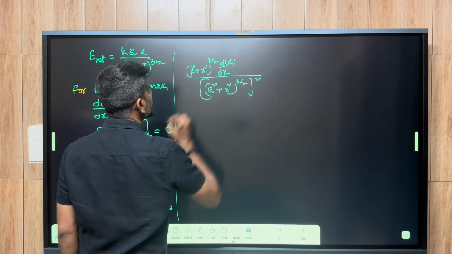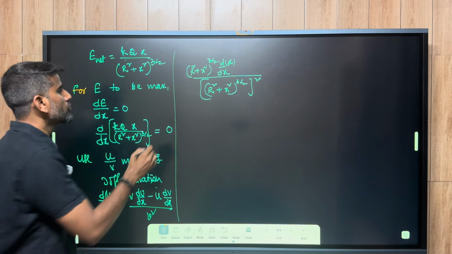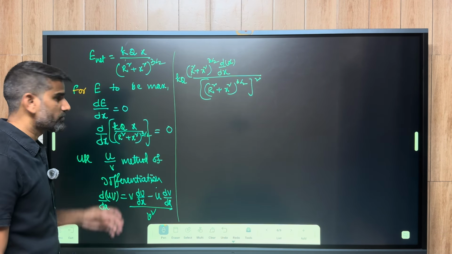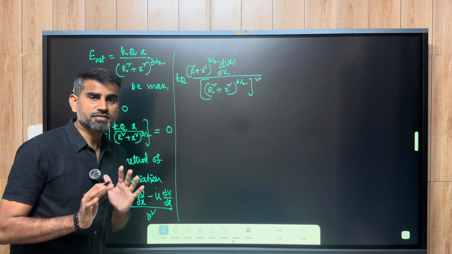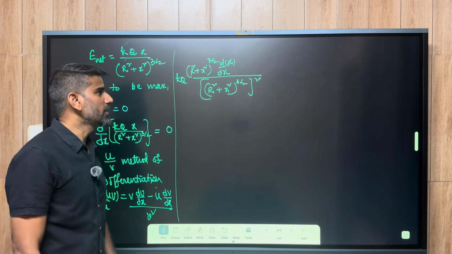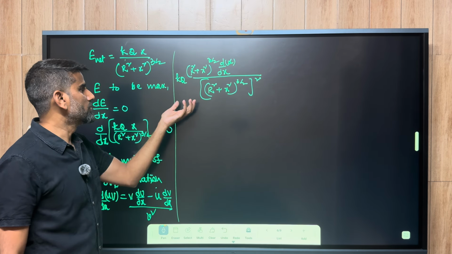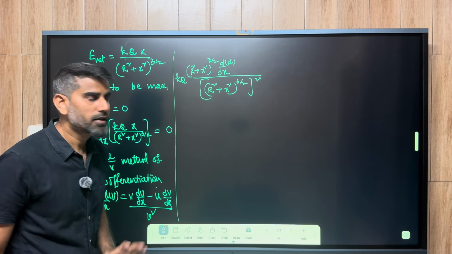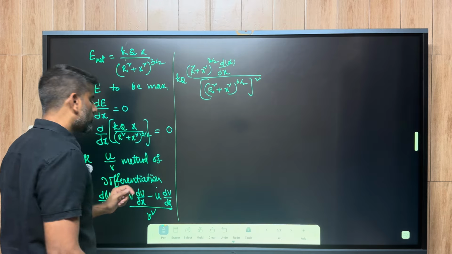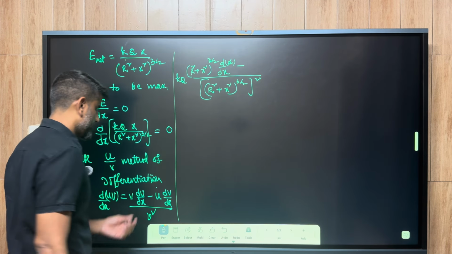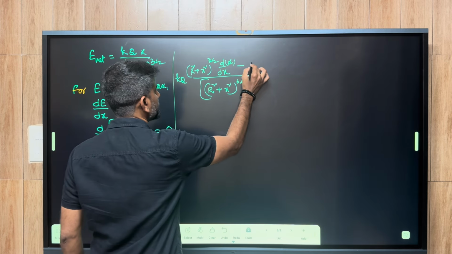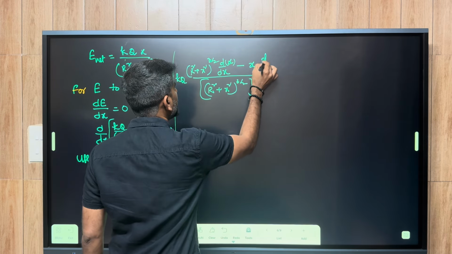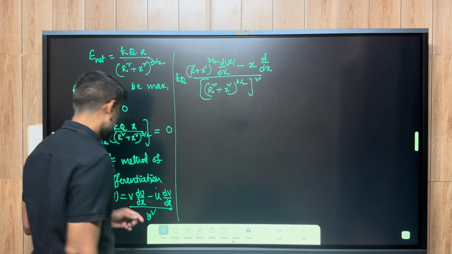U is x. I've taken the constants k and q outside. Are you following the steps or not? Because we are dealing with the calculation, I am going a little slowly. Right, now let's move on to the next step. Minus u, which is x, and dv by dx. What is d by dx of v here?